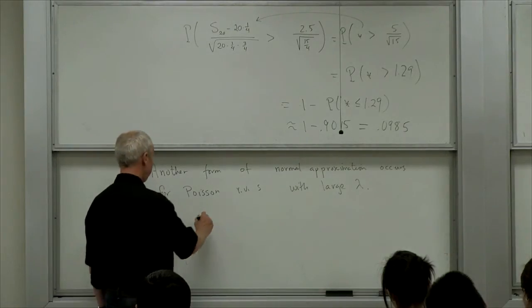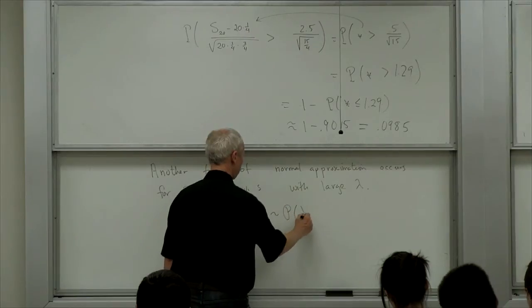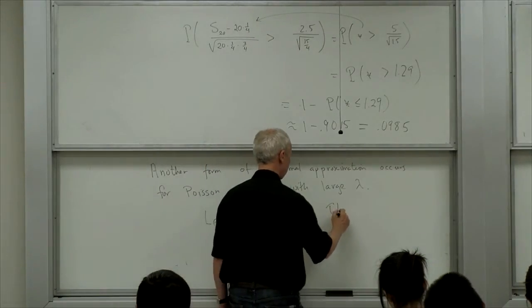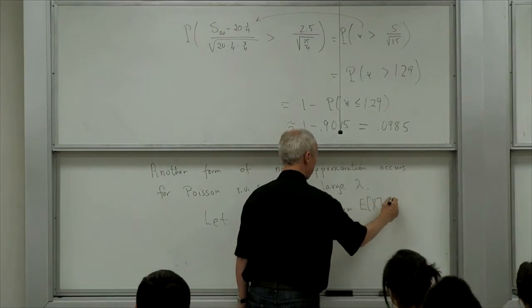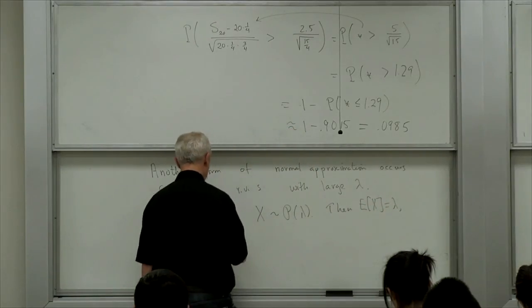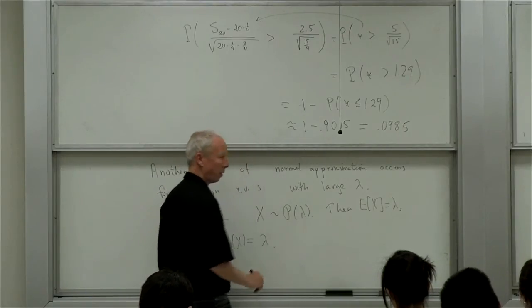Okay, so let X be Poisson with parameter lambda. Then the expected value of X is lambda, and the variance of X is also lambda.